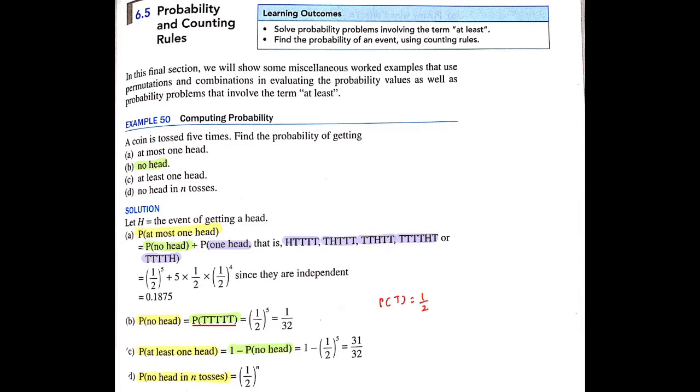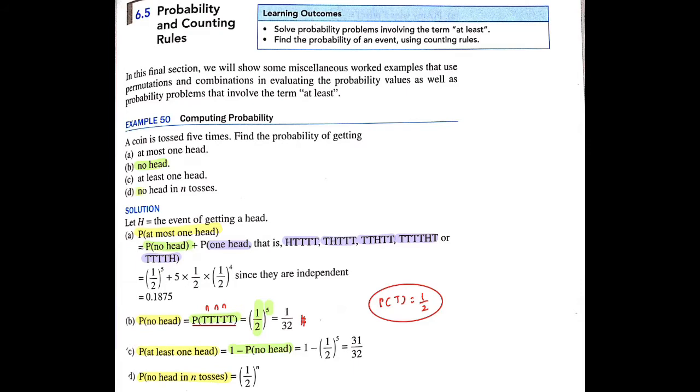So we just find tail for the first toss, tail for the second toss, intersect, third, fourth, and also the fifth one. So from 1/2 for one toss, now we want to do it 5 times, so we need to multiply half 5 times. So the way to write it is 1/2 to the power of 5. So just use your calculator. So the answer is 1/32.